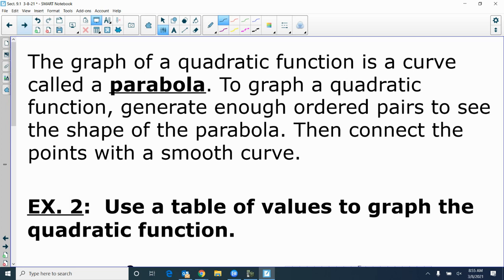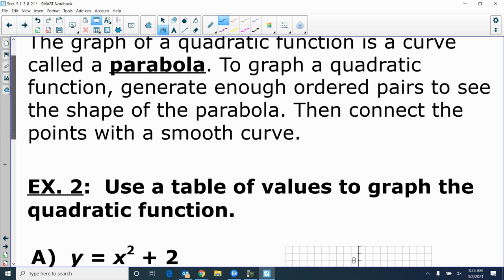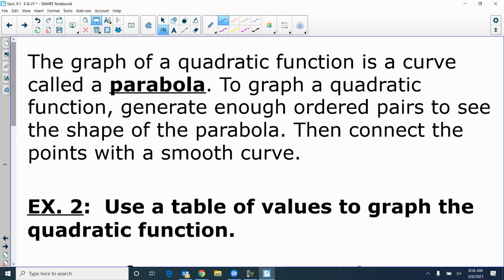We said the graph of a function is a parabola, and it's going to be a U shape.